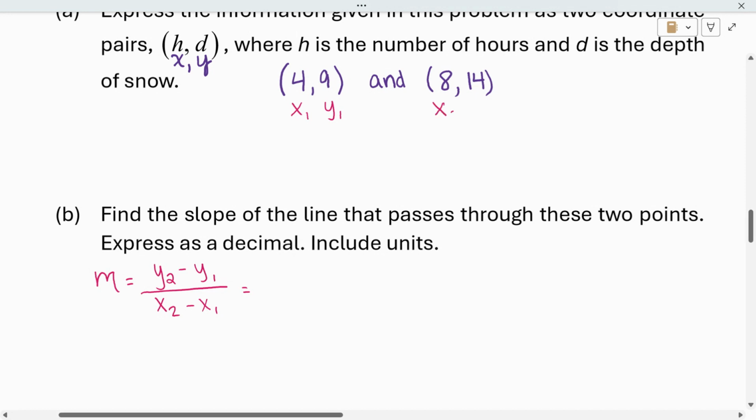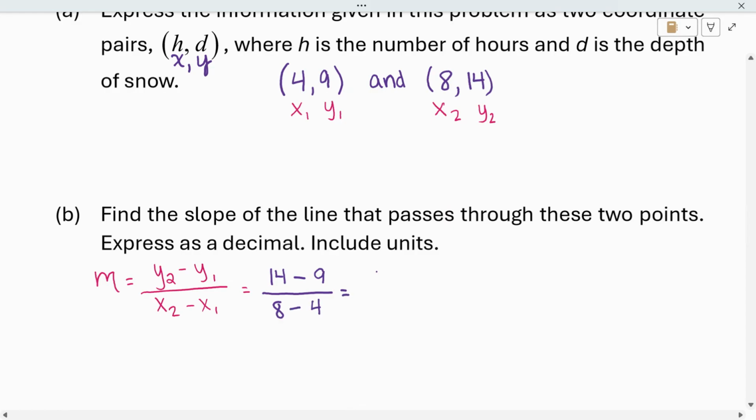This is my second ordered pair, x sub 2 and y sub 2. And so I'm going to just replace these values into this formula. So y sub 2 is actually 14 minus y sub 1, which is 9, over x sub 2, which is 8, minus x sub 1, which is 4.